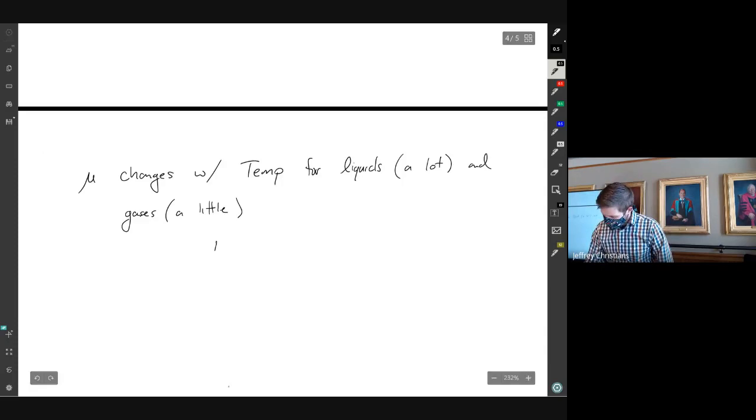For liquids, as temperature goes up, viscosity goes down. For gases, again, as temperature goes up, viscosity goes up.